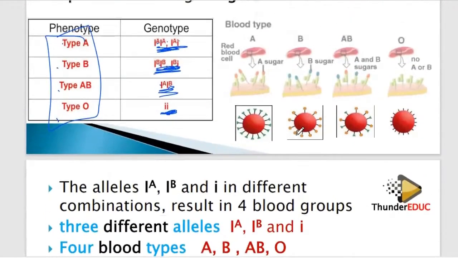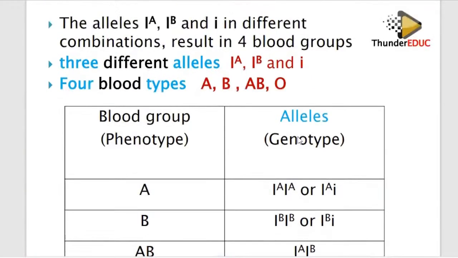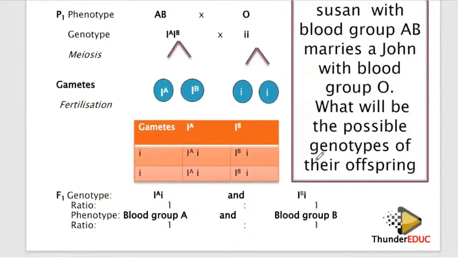So there are 3 different alleles, and 4 blood groups or types, which we call the phenotypes. So it's A, B, AB, and O. That's what I'm saying, so that you understand.